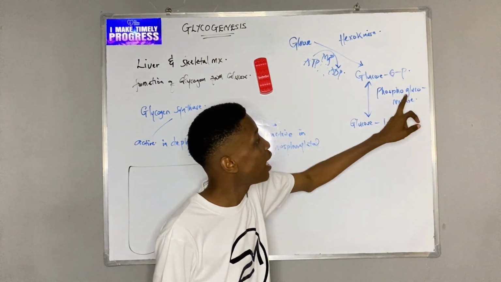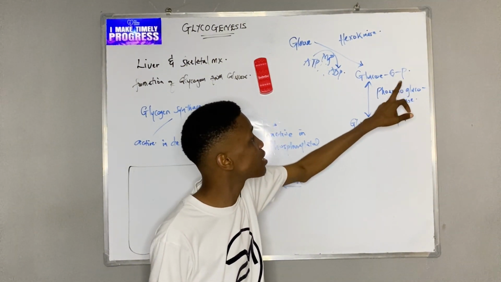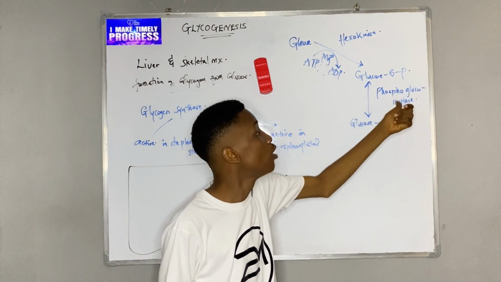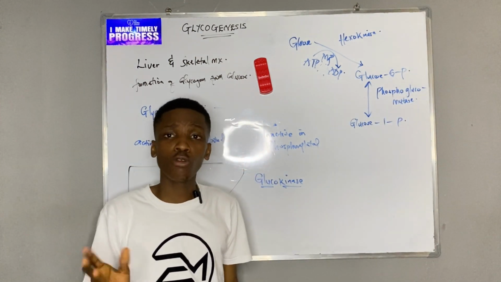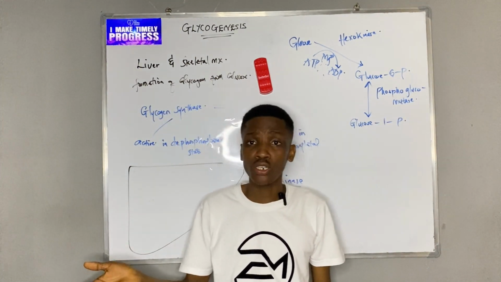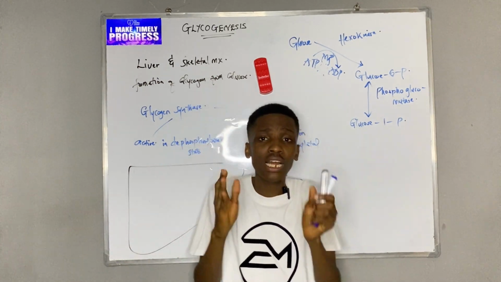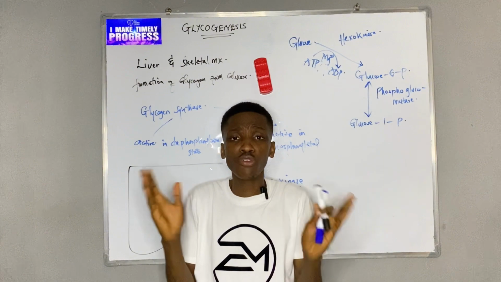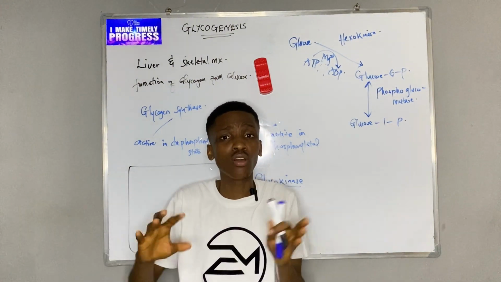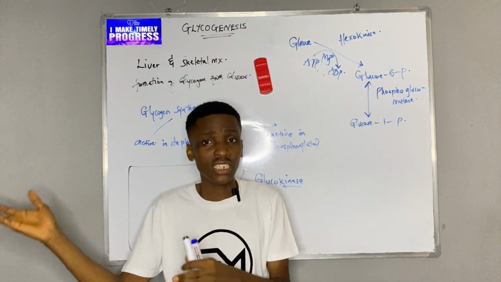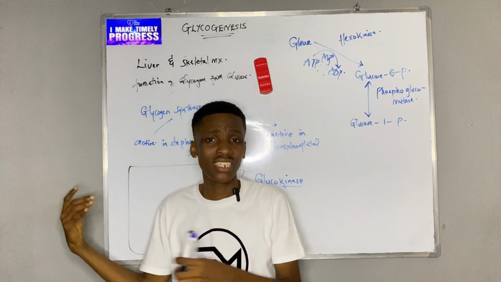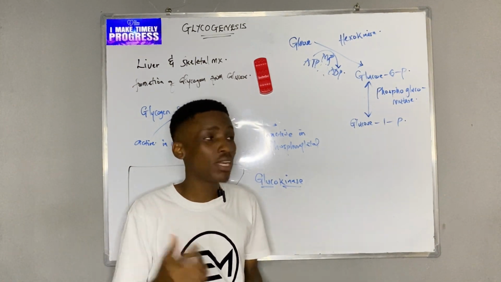So if you look at the enzyme phosphoglucomutase, phosphoglucose, I'm dealing with a glucose that has a phosphate. Mutase is derived from the word mutation. You know what mutation is? Mutation is a permanent alteration, a permanent alteration from normal in the sequence of a particular gene. Mutation is a different topic entirely when we learn genetics.